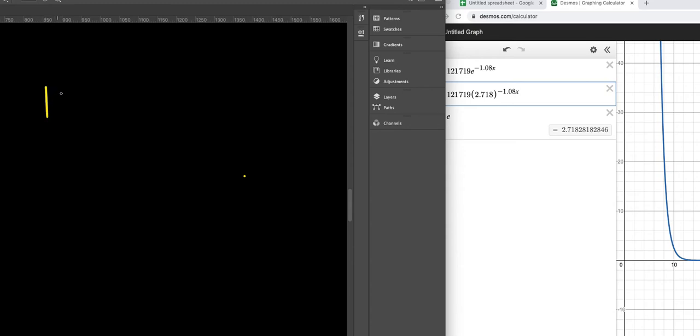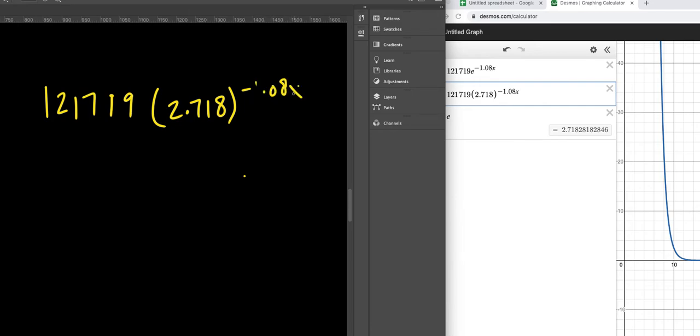So we have 1.21719, 2.718, negative 1.08x. And so if we go through the process from the previous video, we're just going to take this and plug in a 1 for x.